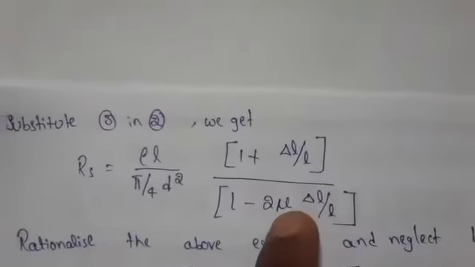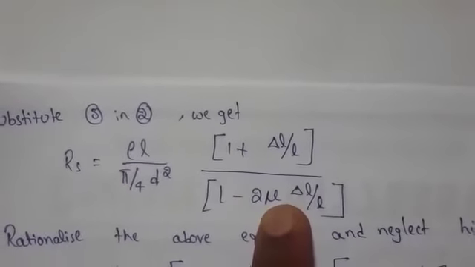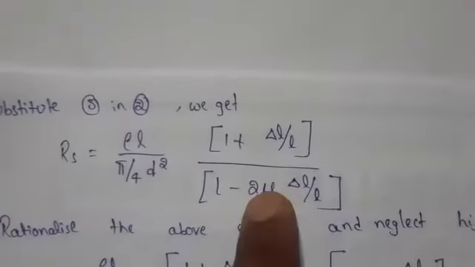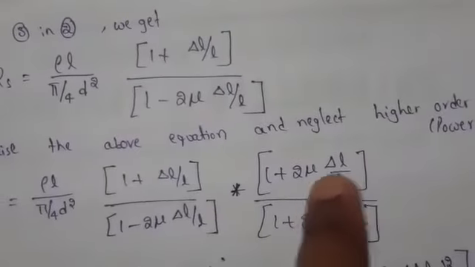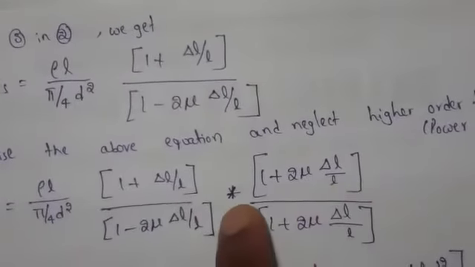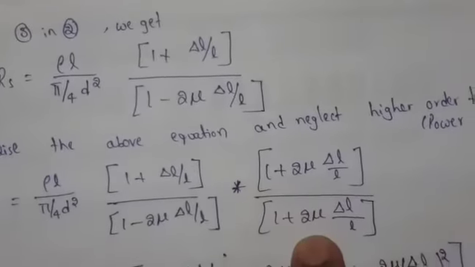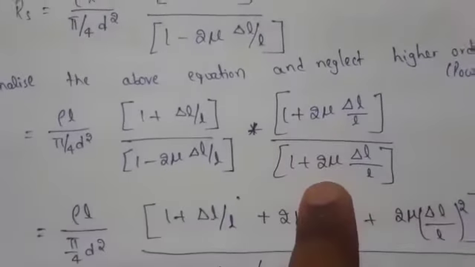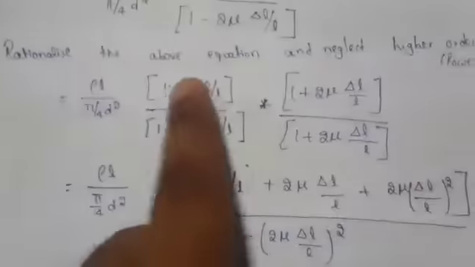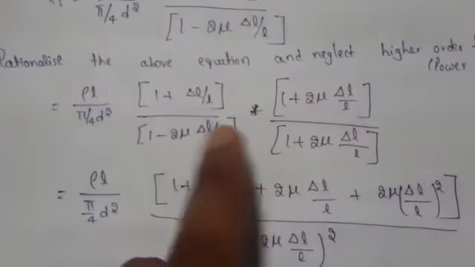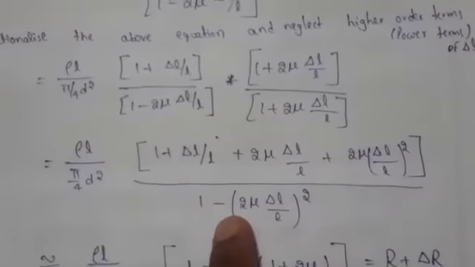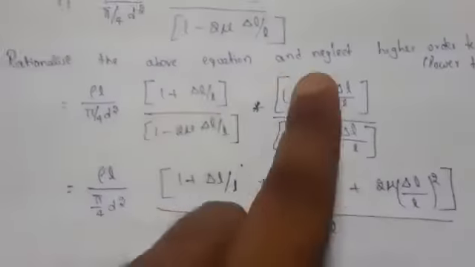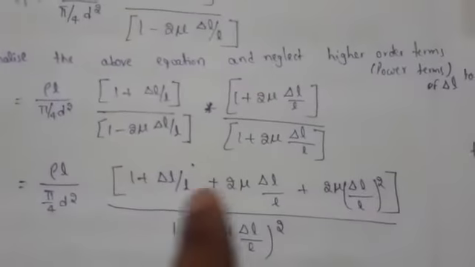Then if you rationalize this equation, we multiply with 1 plus 2 mu into delta L by L. And a minus b times a plus b becomes a square minus b square. So we multiply this equation and we get the entire expression.